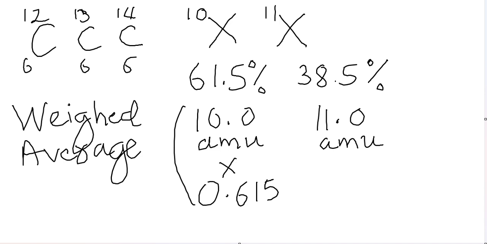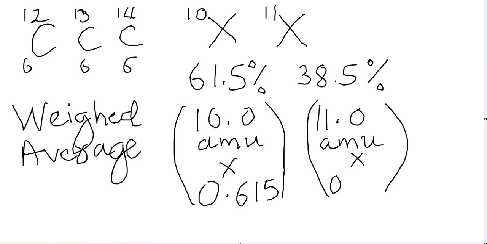So we do this, and we do the same for the other isotope, where we multiply its mass with the relative abundance fraction, which is 0.385, and we simply add the fractions up.